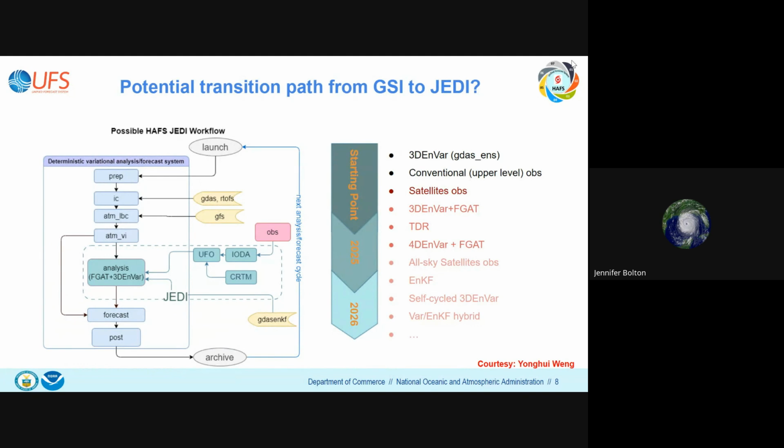And on the right here is a kind of a tentative timeline as to how such a transition could occur, starting with simpler methods like 3D and VAR and using conventional OBS, and then slowly going into other OBS, inner core OBS, and introducing 4D and VAR and other methods which we have in place right now. But this is just one possible path.